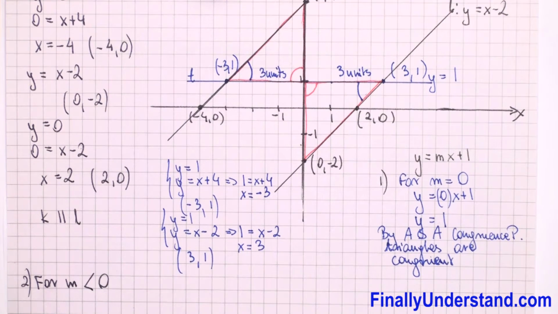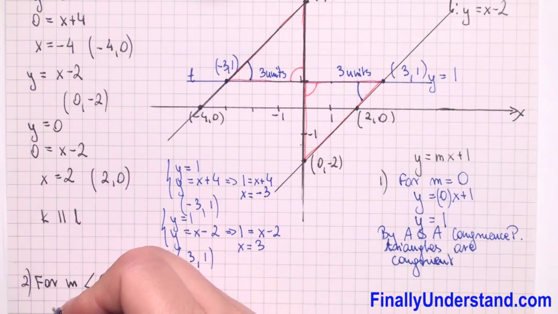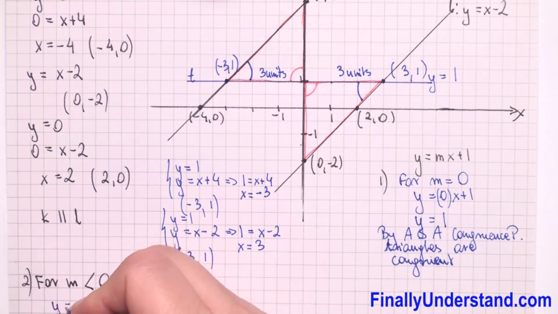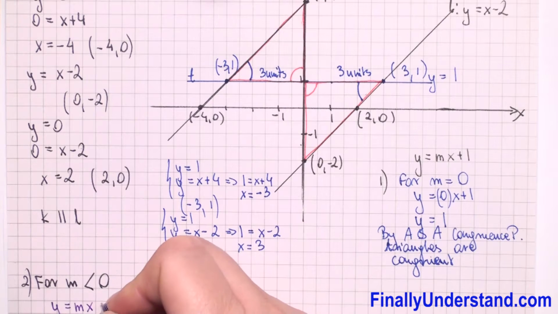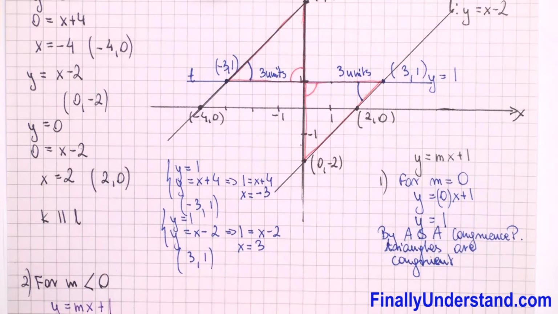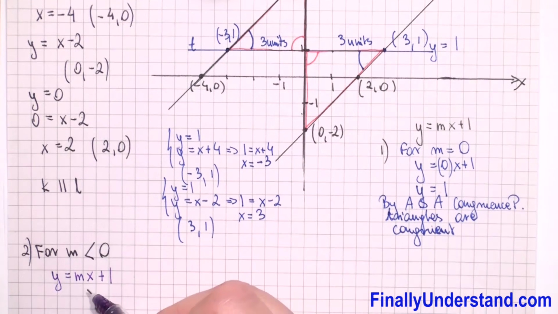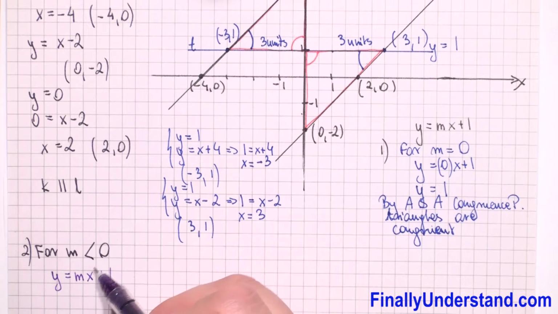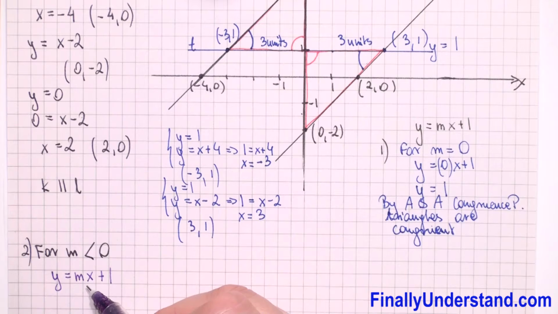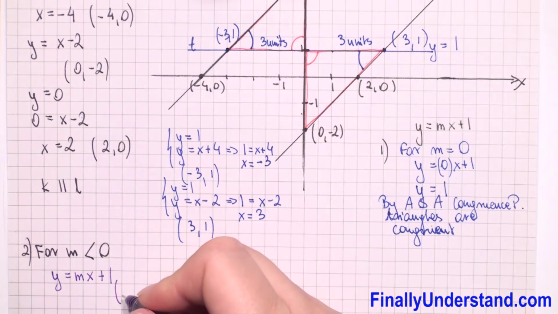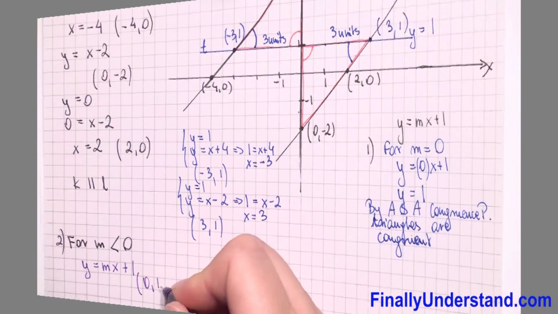So for m less than 0, we have the equation y is equal to mx plus 1. If m is negative, less than 0, our line will go down, and for sure this line will pass through point (0, 1).